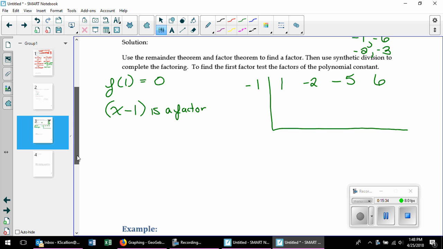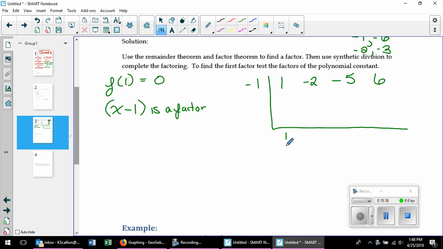All of the degrees are represented. So I have x squared minus x minus 6.